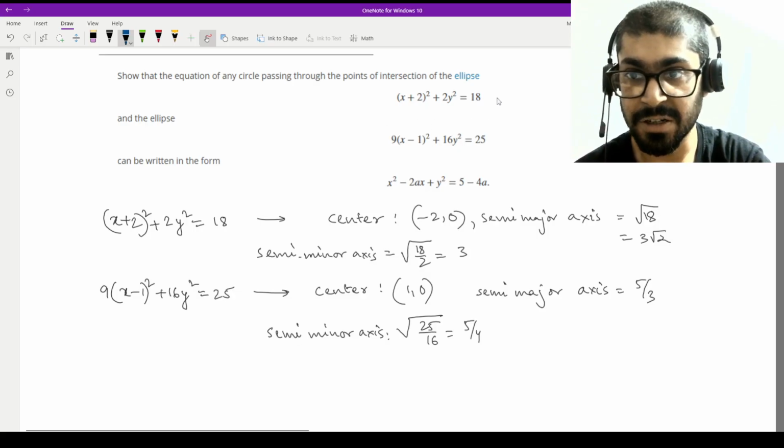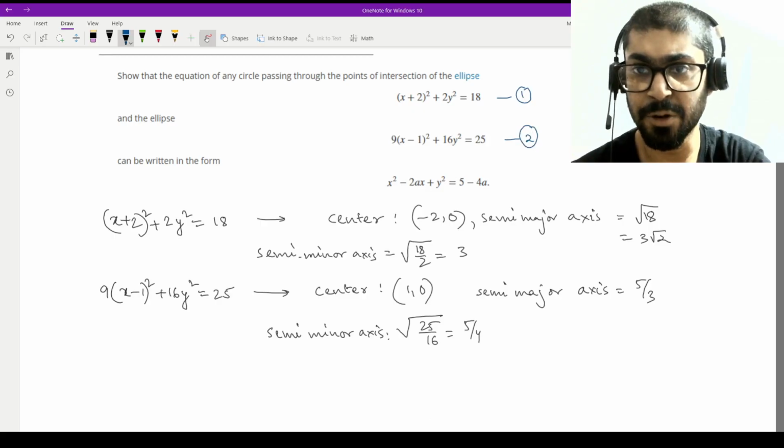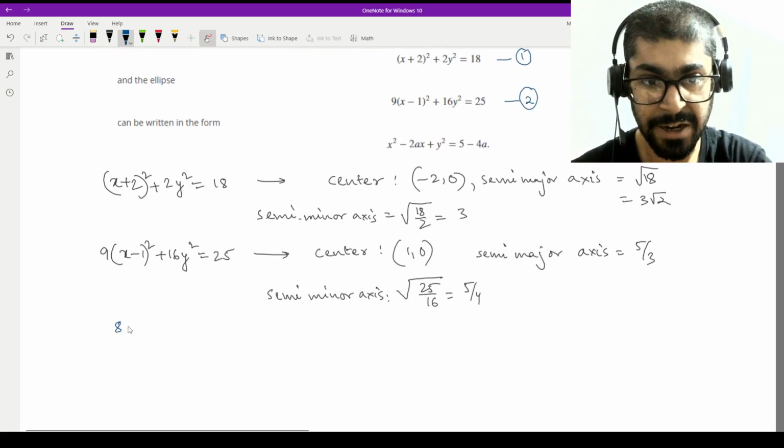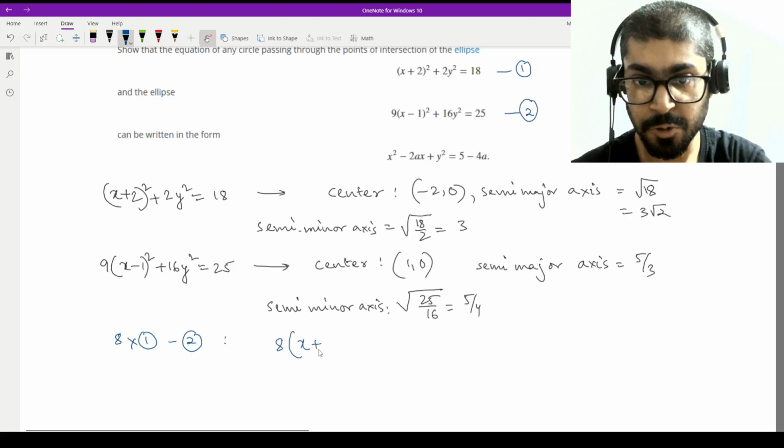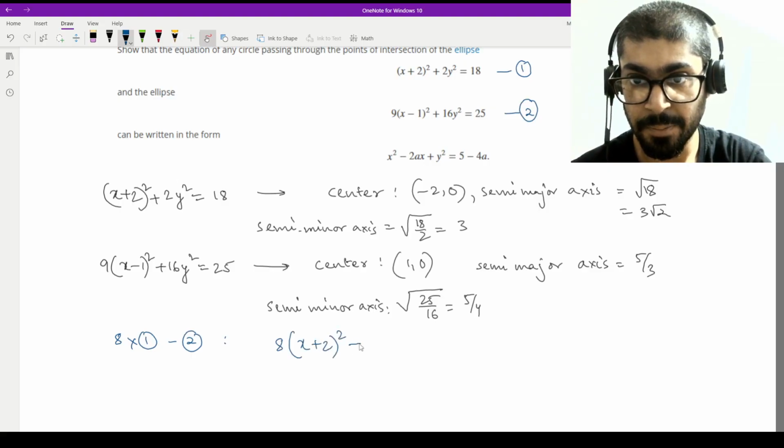So this is equation 1 for us, this is equation 2 for us, and now we should be able to solve them, right? Let us multiply equation 1 by 8. So that would give us 8(x + 2)² + 16y² = 144.